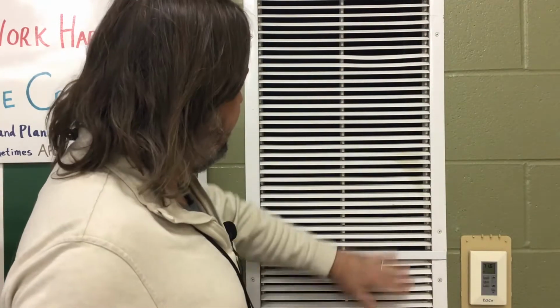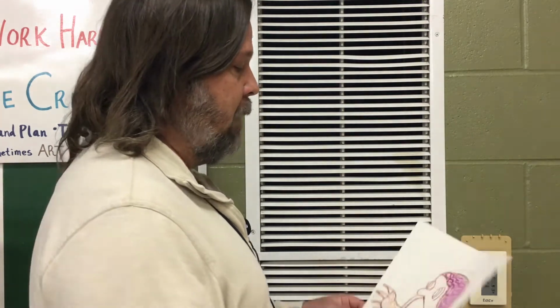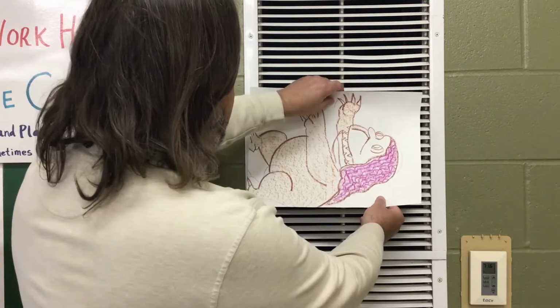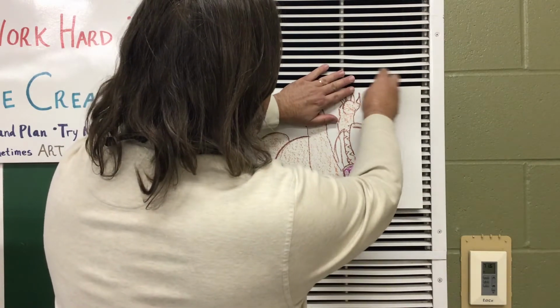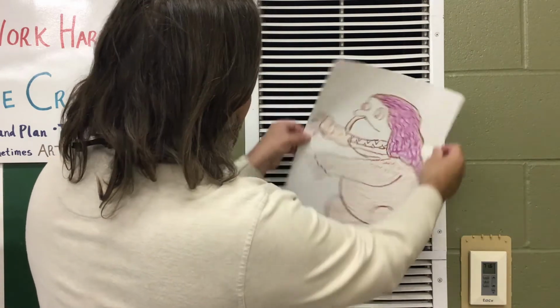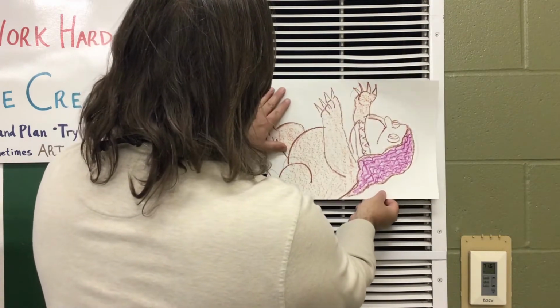Here's the grate for the heating and air conditioning. I'm going to use this as another texture. I'm going to turn my paper because I would like for this texture, these lines, to be going vertically up and down in my drawing, so I'm going to turn them this way.